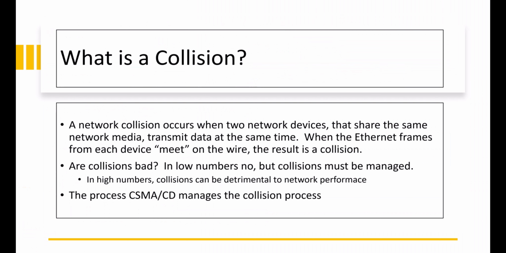If you get them in high numbers, collisions can actually cause problems with network performance. So how do we manage these collisions? We use a process called carrier sense multiple access collision detection, or CSMA/CD. We use this process to manage our collisions.